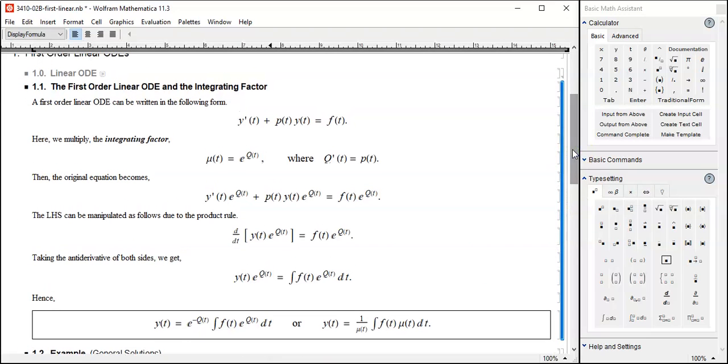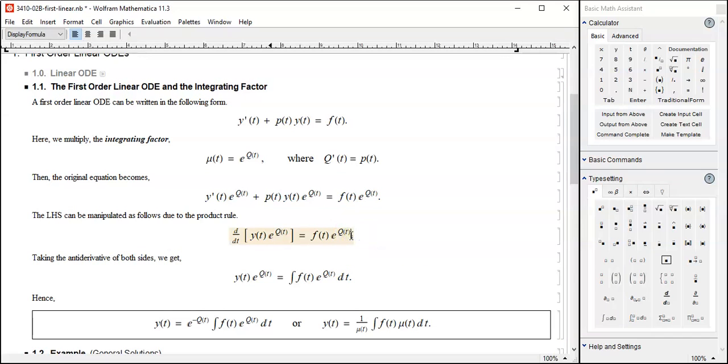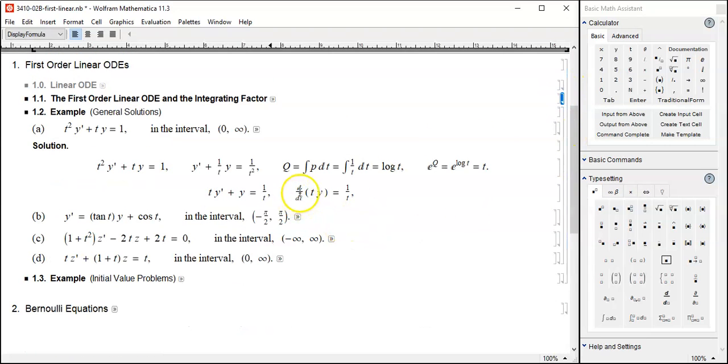And what was the purpose of all this business? The very purpose of this method of integrating factor was to get this left-hand side as a single derivative. Derivative of y times that integrating factor. That's where we're headed. So that's not something you should be forgetting. So derivative of integrating factor times y, next time you're going to go directly to that.